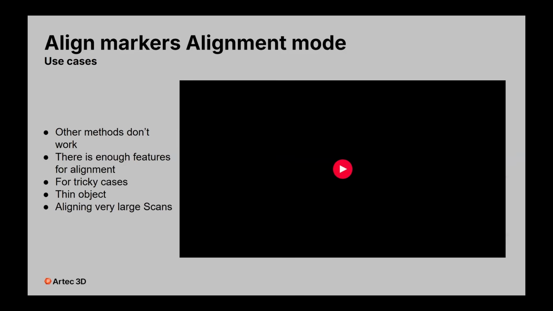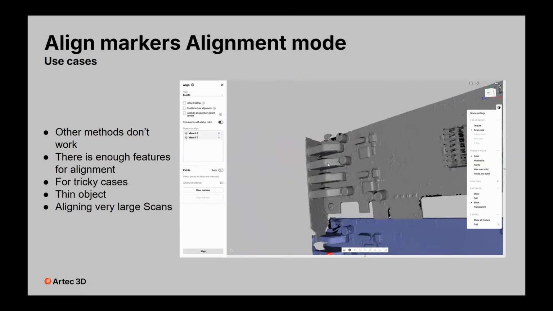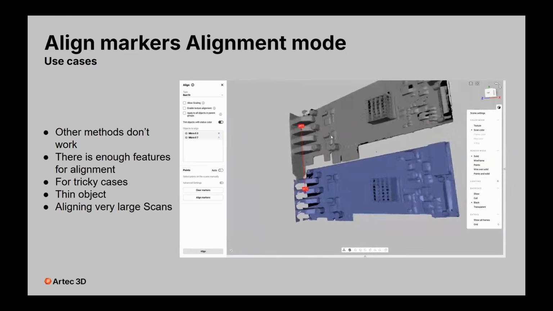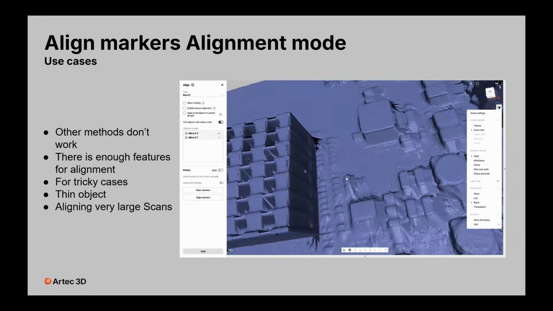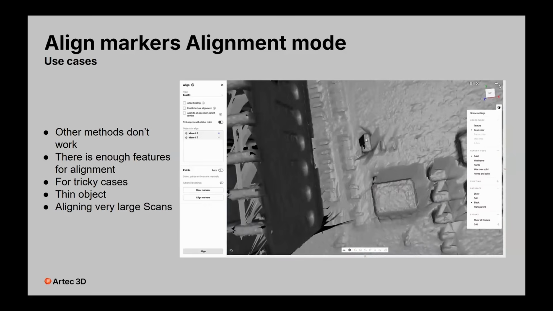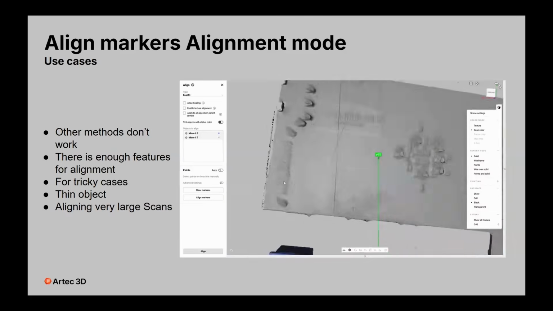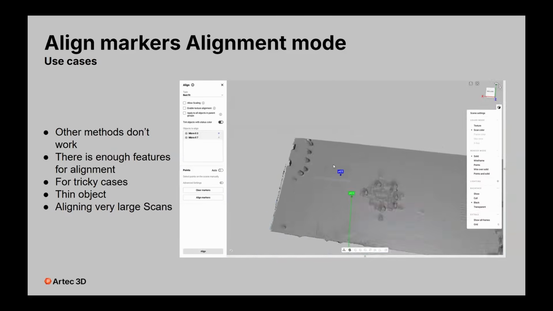And the second one is aligning very large scans. Let's say you have a really huge dataset scanned with the Artec array, and you don't particularly care about the accuracy, so probably you're using this just for presentation purposes and you need to align them together.